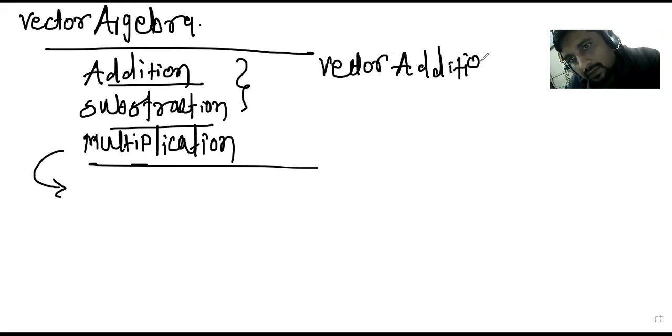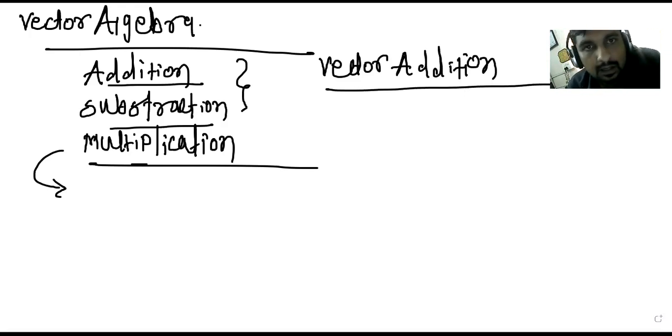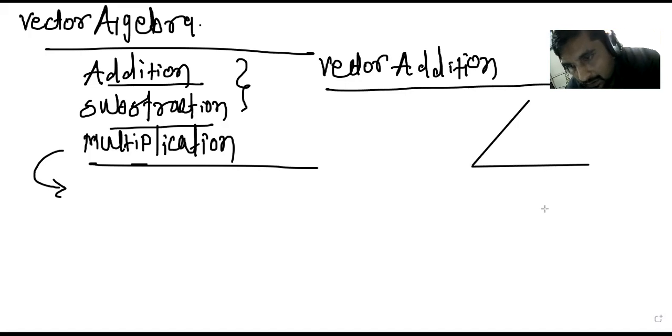I can show this vector addition with the help of geometry. I can draw here. Let's say you have a vector A in this direction, and another vector B in this direction. So let's assume this is A bar and this is B bar.